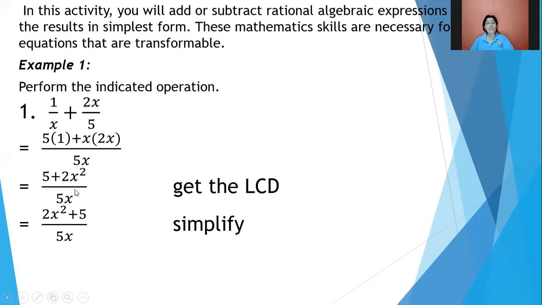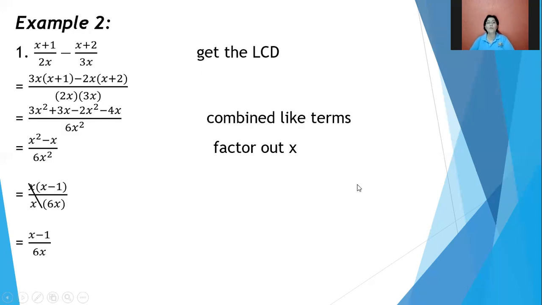You just arrange based on the standard form of a quadratic equation, which is ax squared plus bx plus c, or descending order based on the exponent. And that is 2x squared plus 5 over 5x. This is now your answer. Okay, let us go to example number 2.